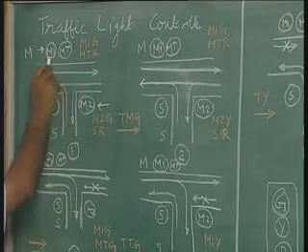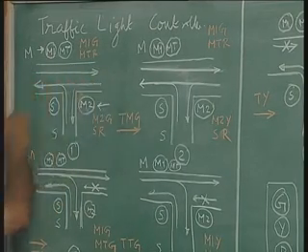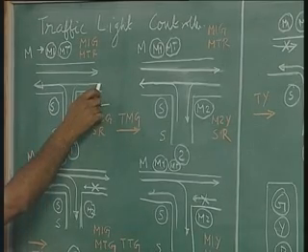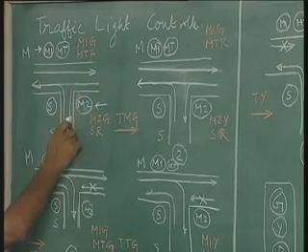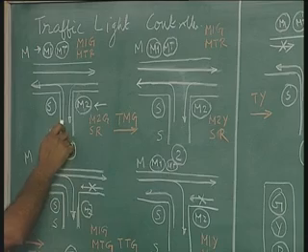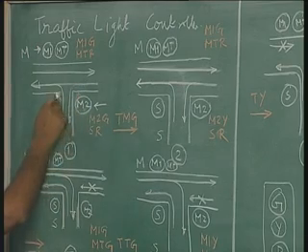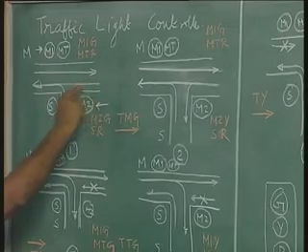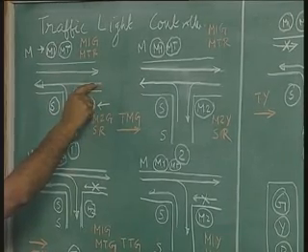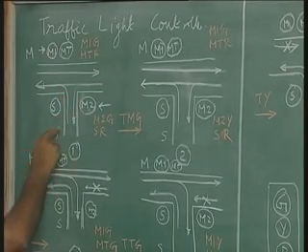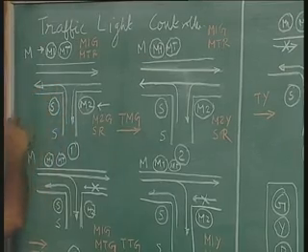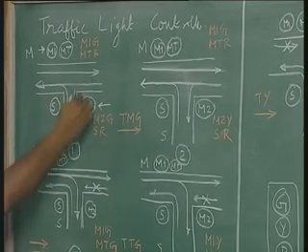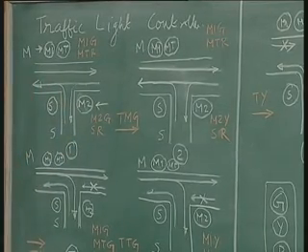Normally, main street traffic is allowed. That means there is a green in both directions, and the side street can take a left turn from main to side or side to main. That means even when the traffic is on here, one can make a turn from this street to this street, or from this street to this street, of course safely, making sure that you don't collide with the oncoming traffic from this direction.